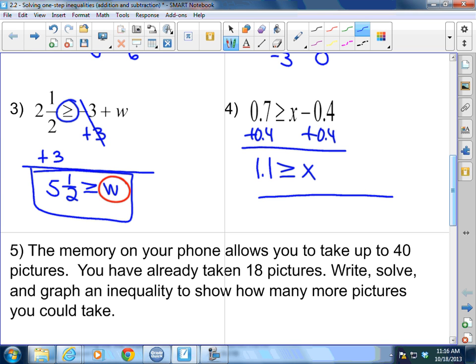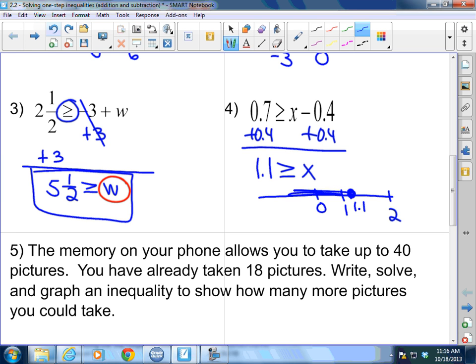And I forgot to graph the one before. Let's graph both of them. Look, this is what I would do. Show that there's a 1. Show that there's a 2. I'm going to make it easy. And then here, put a 1.1. I'm pretty simple when it comes to graphing. I just want to make sure you understand what it means. And x is a solid circle.